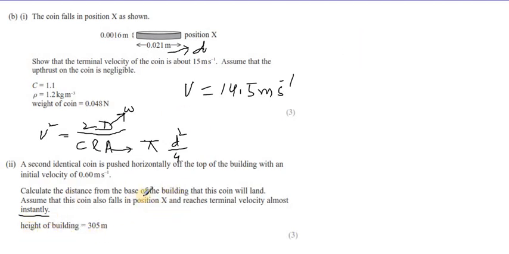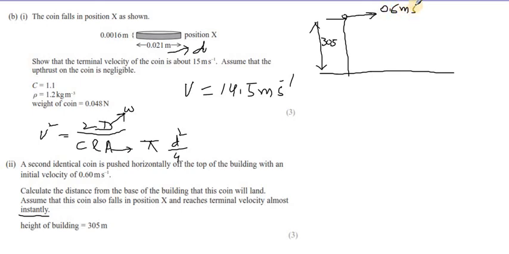If you sketch the situation, you have a building from the ground, and the height of the building is 305, and you are flipping a coin horizontally with the velocity of 0.6 meter second inverse, and the coin will land something like that.